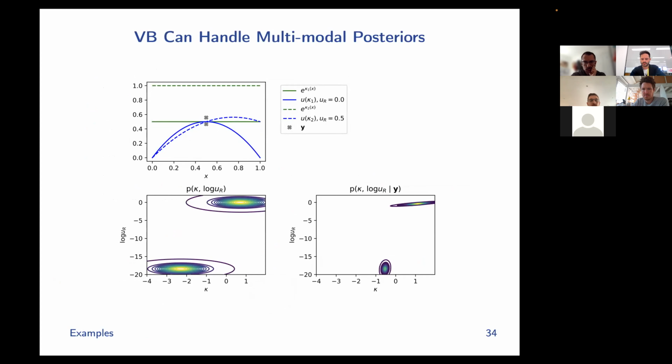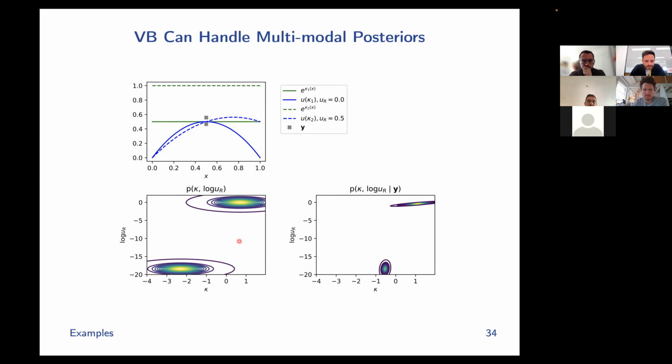Just to give you an idea, two different combinations of conductivity and right-hand side temperature can lead to the same measurements. We're taking measurements here in the middle, and we would expect that if the conductivity is high, then so will the temperature on the right-hand side.